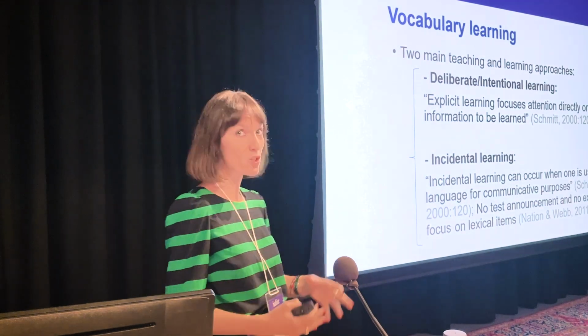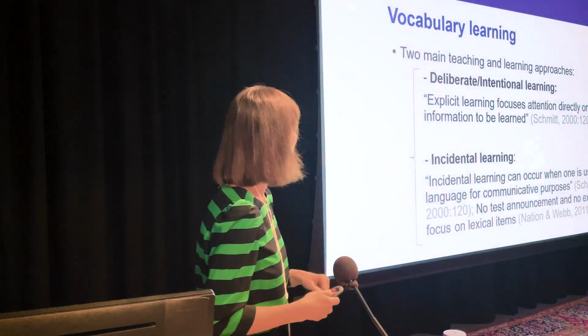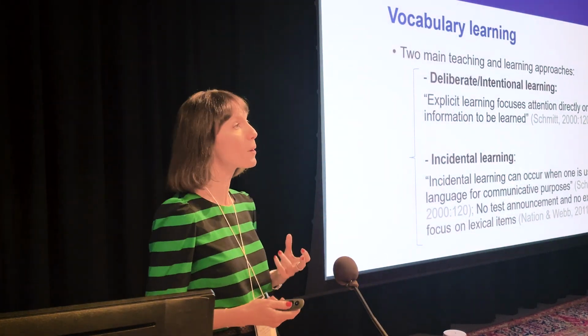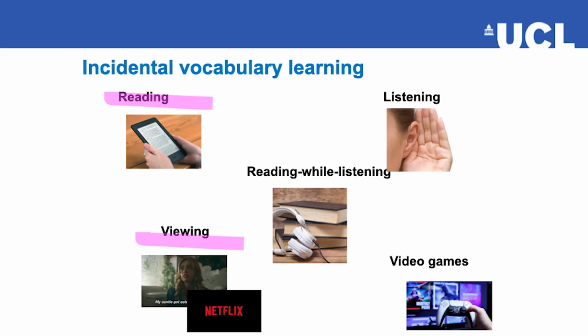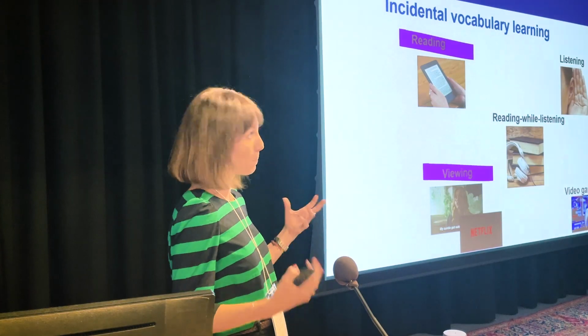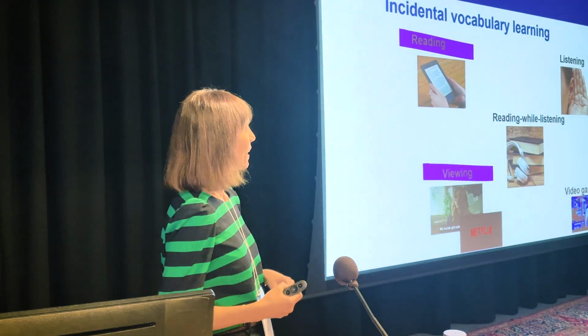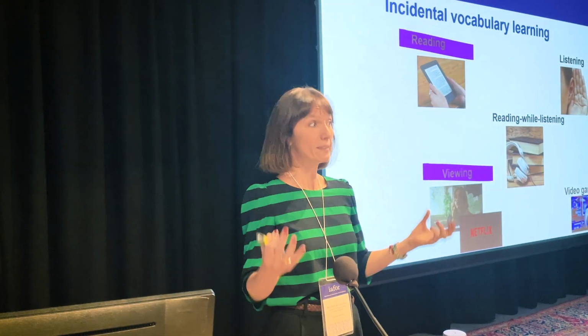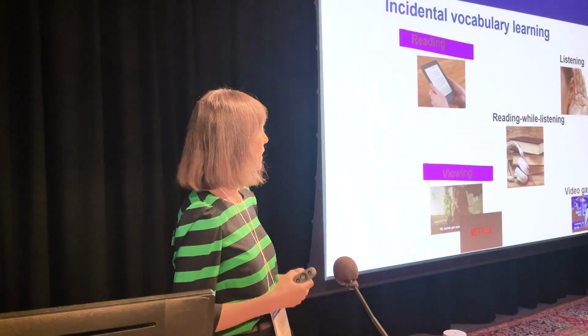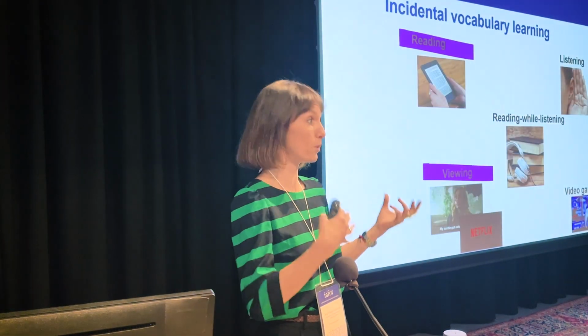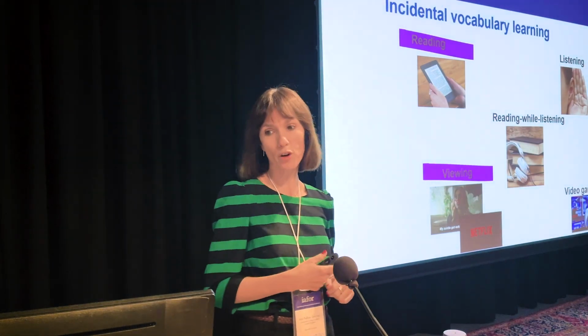It's not the main intention, but it happens as a byproduct. So when we talk about incidental learning, we're basically referring to learning from reading, listening, reading while listening, viewing, and playing video games. And today, I'm going to provide examples of how the technology, eye tracking, has been used in the context of learning vocabulary from reading and from viewing.